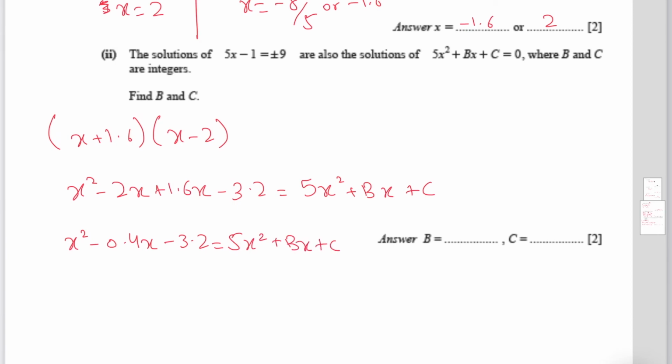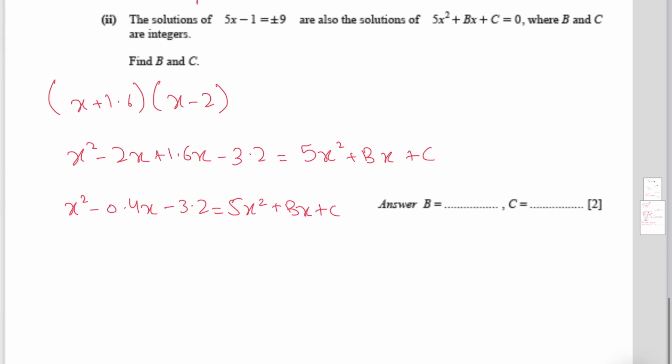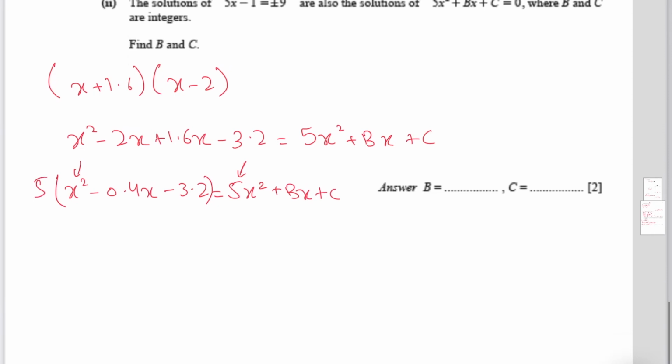Okay, the next thing that we do is you spot a 5 over here. That means this x squared needs to be multiplied by a 5. The entire equation needs to be multiplied by a 5. So this becomes 5x squared minus 5 times 0.4, which gives us 2x, and then 3.2 times 5.